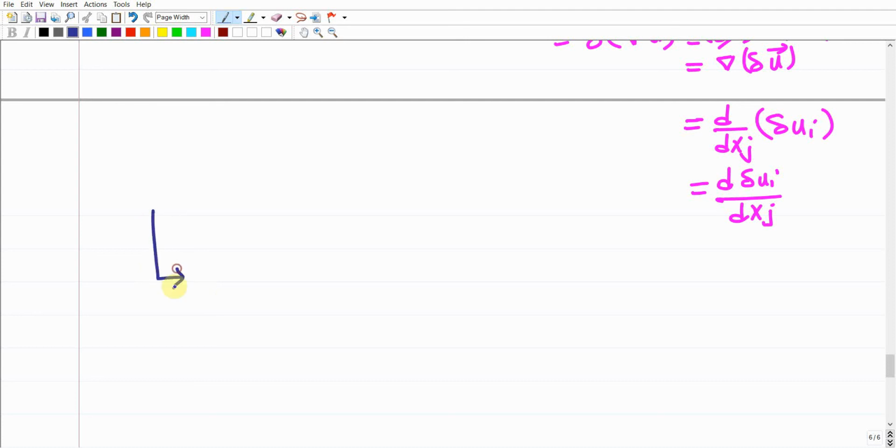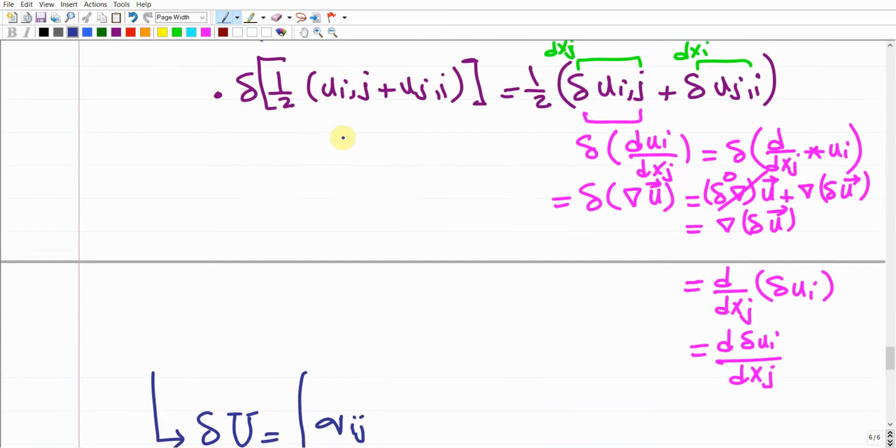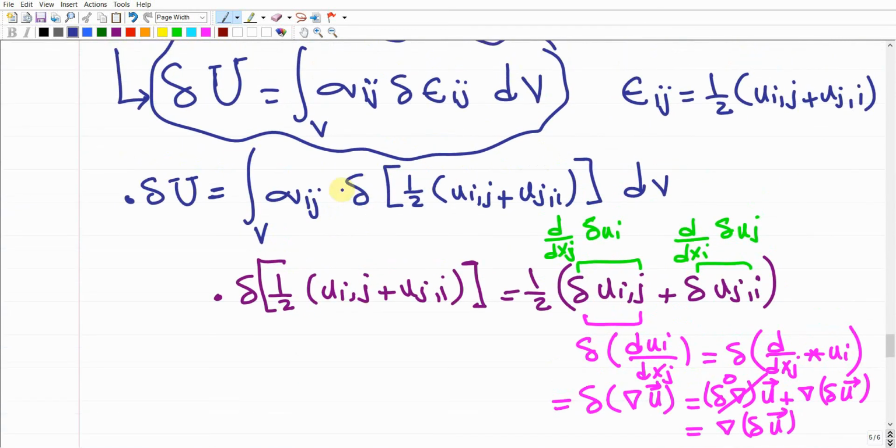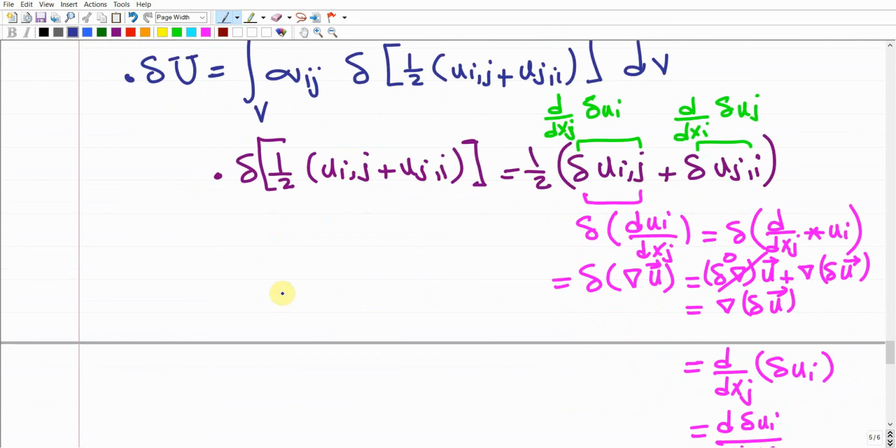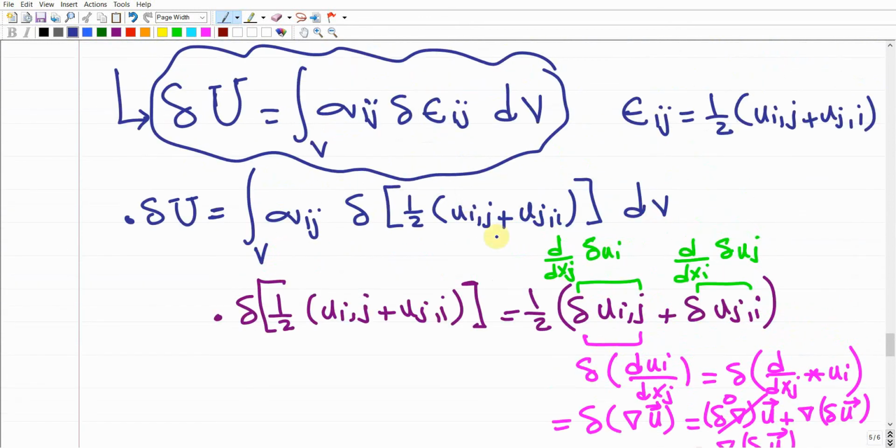Doing so, we're going to end up with the first variation of the total strain energy in this form: the integration over the volume of sigma ij. Then we are going to add the first variation of this term, and we're going to have 1 over 2. We can simply distribute the sigma over these deltas, and have the 1 over 2 as a common factor outside.